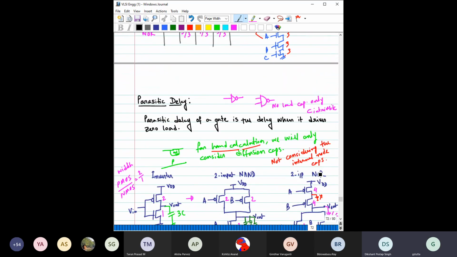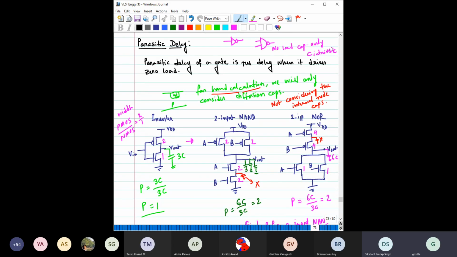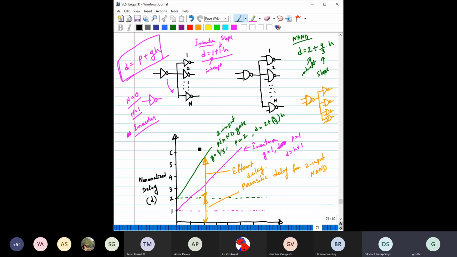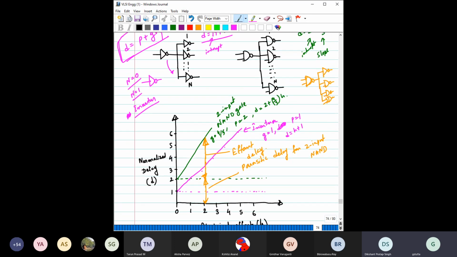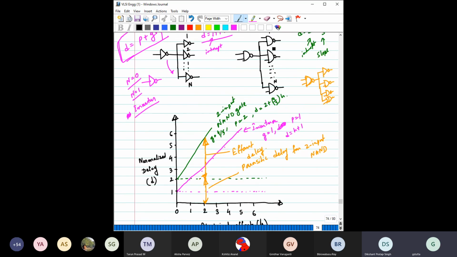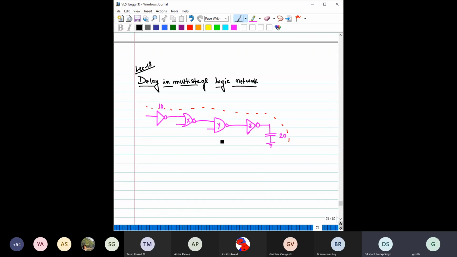Then we discussed the parasitic delay, and how to find it for other gates in comparison with the inverter. We ended the class by plotting normalized delay versus electrical effort for a gate driving the same gates, where the y-intercept denotes the parasitic delay and the slope indicates the G, or the logical effort. Okay.